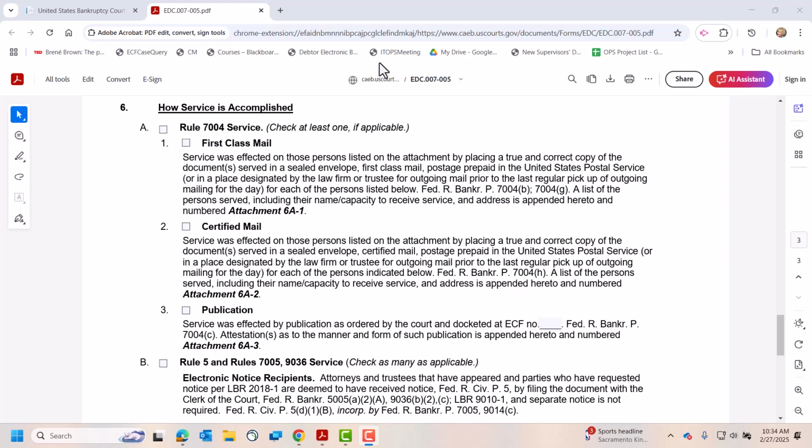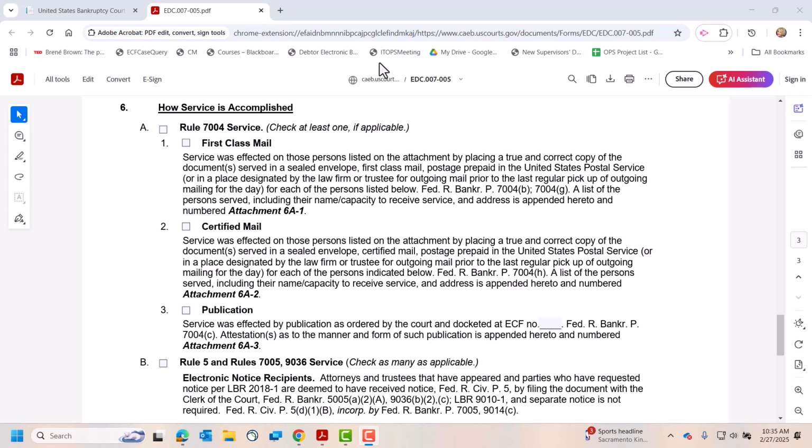Before undertaking service or notice of a particular matter, read the Federal Rule of Bankruptcy Procedure applicable to the motion or other proceeding to ascertain which type of service is required. When Rule 7004 service is required, read that rule to ascertain the manner of service for the kind of party being served.